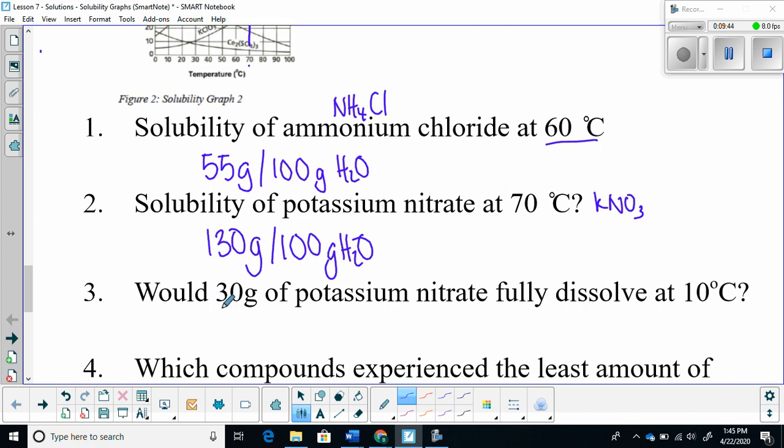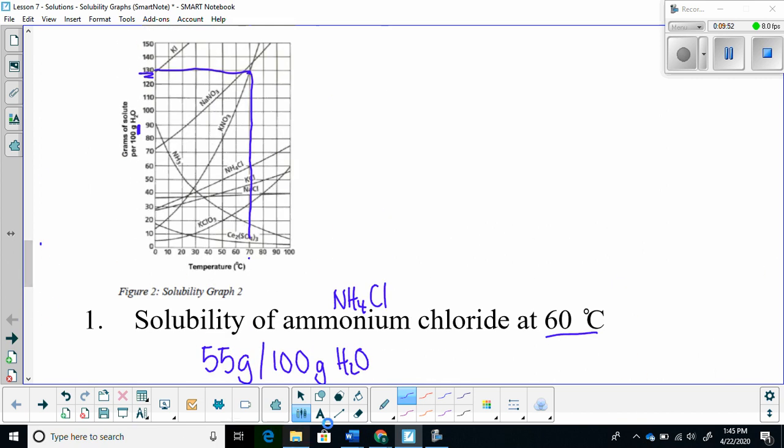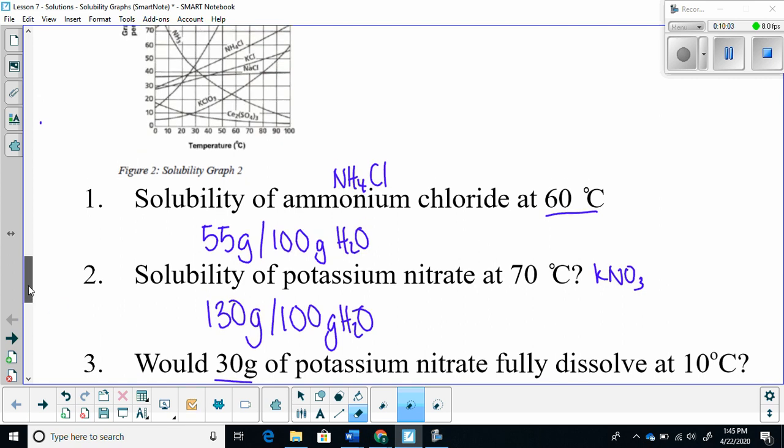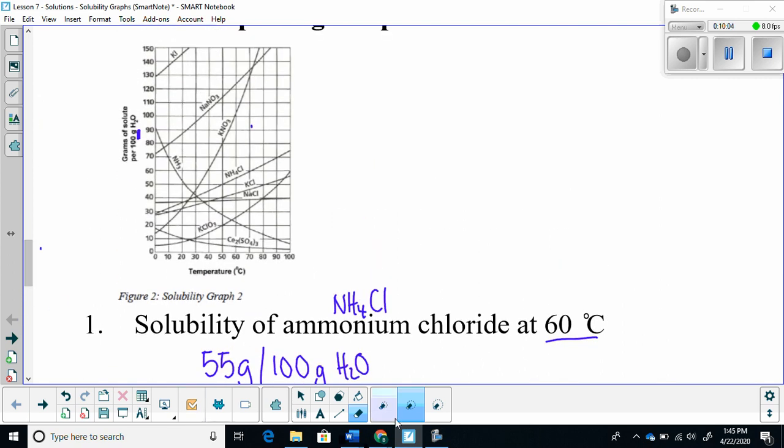Okay, now let's get into interpreting graphs. So it's asking, would 30 grams of potassium nitrate fully dissolve at 10 degrees Celsius? Okay, so let's clear out this graph again. So I'm going to find 10 degrees. It's right there.